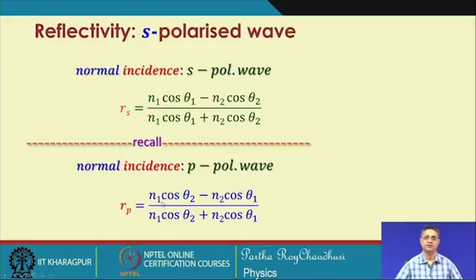In this connection we will also recall the normal incidence of the p polarized wave, which is given by this. We can substitute the value of theta 1 and theta 2 as 0, and you can see that both of these equations will give you the same amplitude reflection coefficient, whether it is an S polarized wave or a p polarized wave.